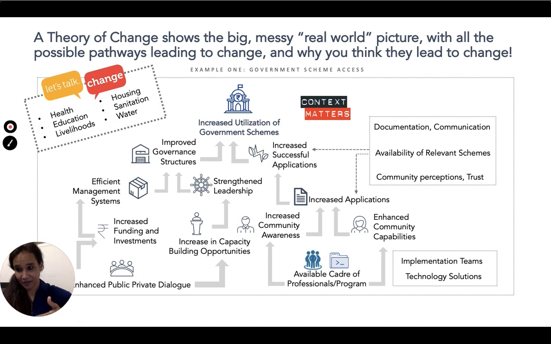Also, context matters. It might probably be easier to have increased utilization of government schemes in more urban slum communities, who have higher education attainment, better understanding, technology access, in comparison to more vulnerable rural communities who don't have all the things that are needed to achieve our results.